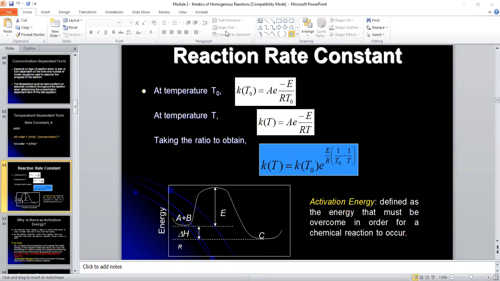Okay. What about Drexel? Drexel, are you there? Yes, miss. How did this blue equation come about from the first two equations, the ones shaded in white?